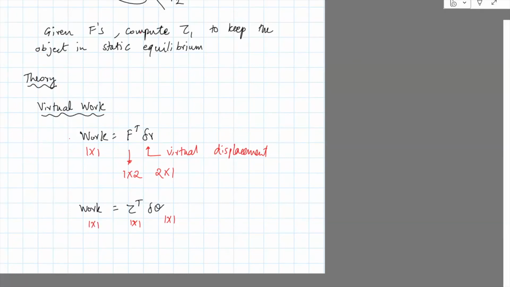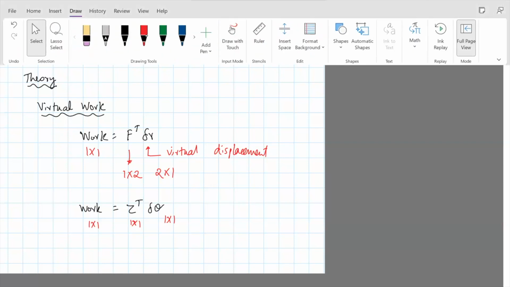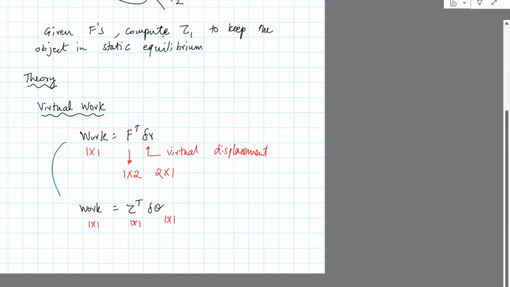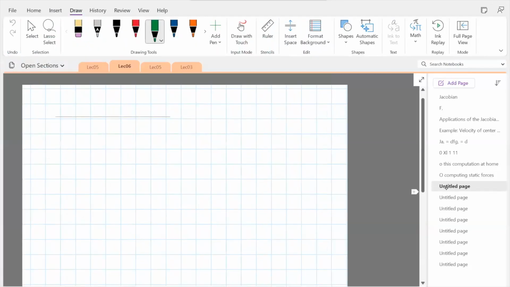Now what we do is we equate these two things, because the work done by those forces F should equal the work done due to tau. Just a minute, I'm almost done with the derivation. Okay, so let's equate the two.